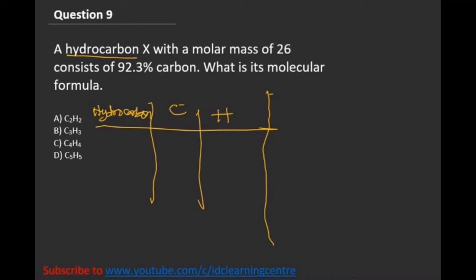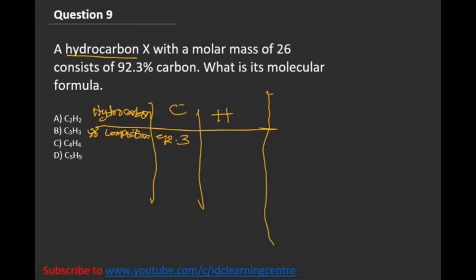So first of all, we look for the percentage composition. The percentage composition for carbon given to us in the question is 92.3. That of hydrogen is not given, so we have to look for it.